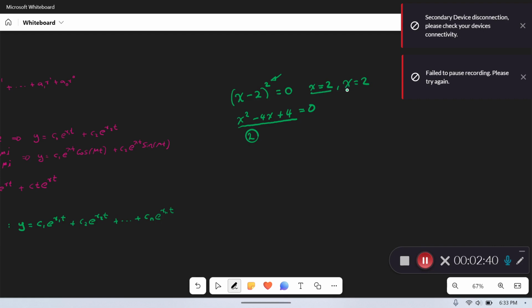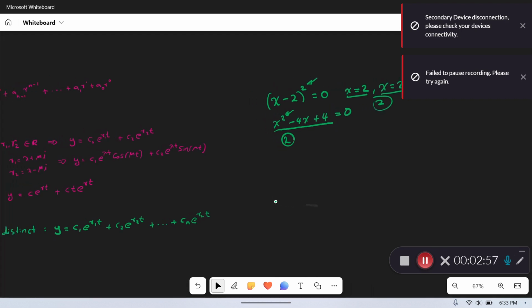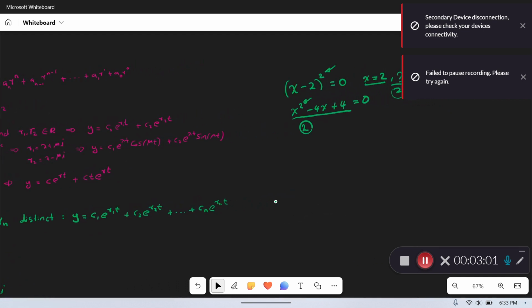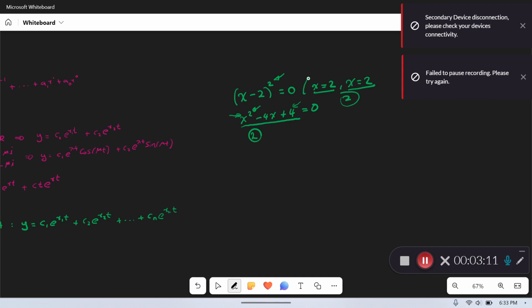So you still have 2 roots, although it is the same number, and the order is 2. Although it has equal roots, it still counts as 2 roots. That's something you should understand first. Now, we mainly focus on finding the order of this polynomial, in other words, determining the number of roots.